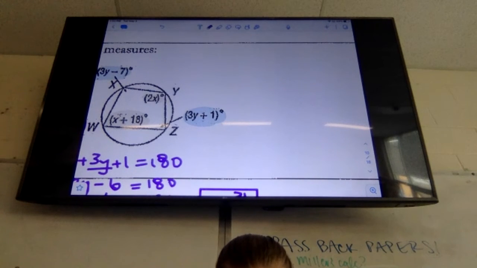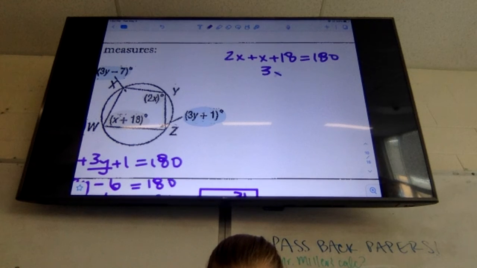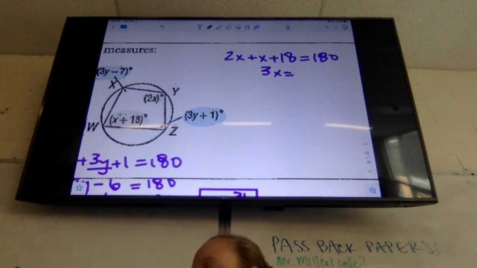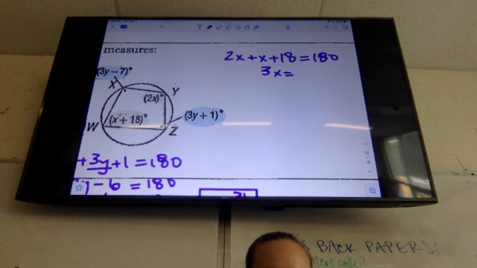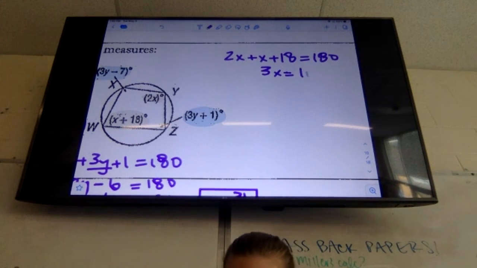I'm going to say, okay, let's do 2x plus x plus 18 equals 180. So I get 3x equals whatever 180 minus 18 is, divided by 3. 54.